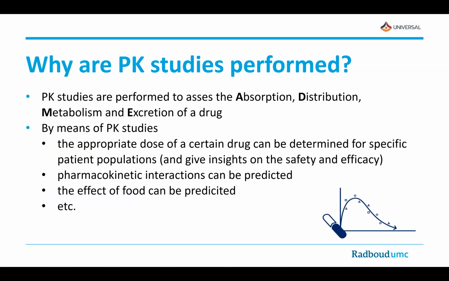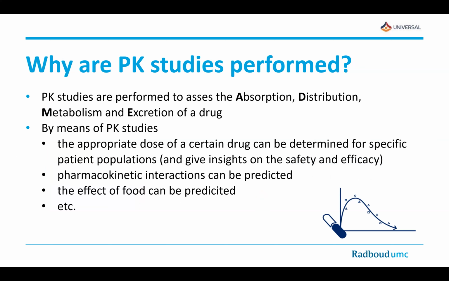So now you know what we look into during pharmacokinetic studies. I would like to tell why it is important for pharmacokinetic studies to be performed. So PK studies, in short, are performed to gain insight in the absorption, the distribution, the metabolism, and excretion of a drug, as explained.